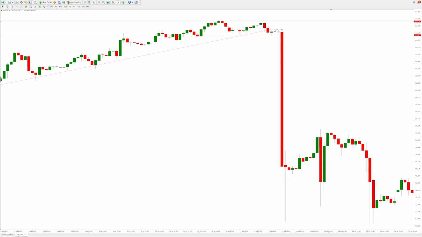Perhaps if we do this trend line as well, it was tested 1, 2, 3 times, and then price did break through here, which would have been further indication to confirm this sell trade.